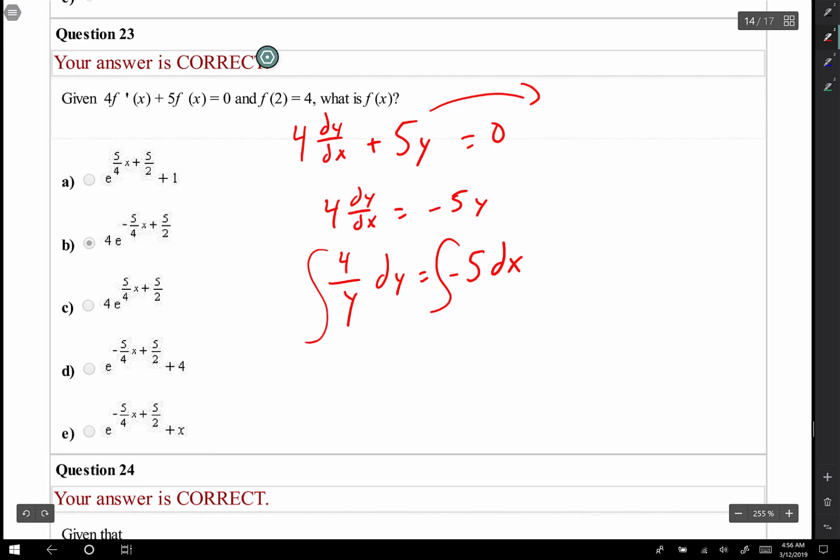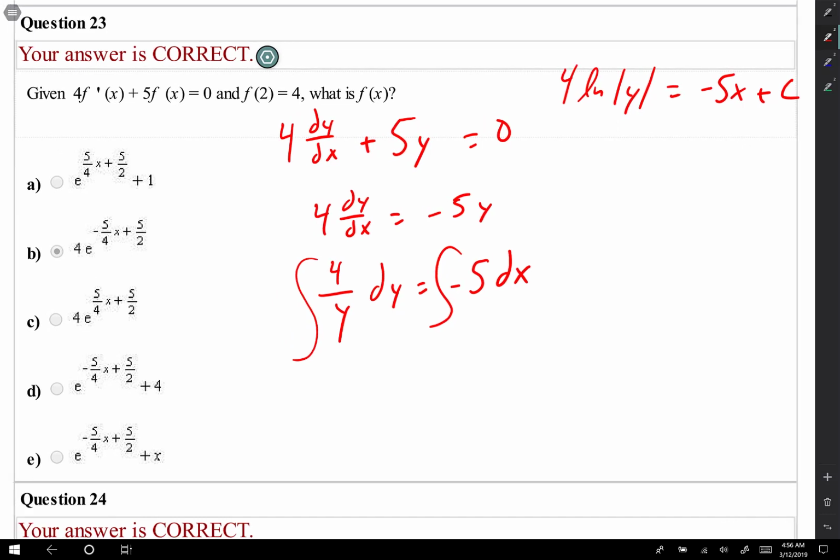So let's see what I see. 4 ln absolute value of y equals negative 5x plus c. So now I'm going to divide by 4.